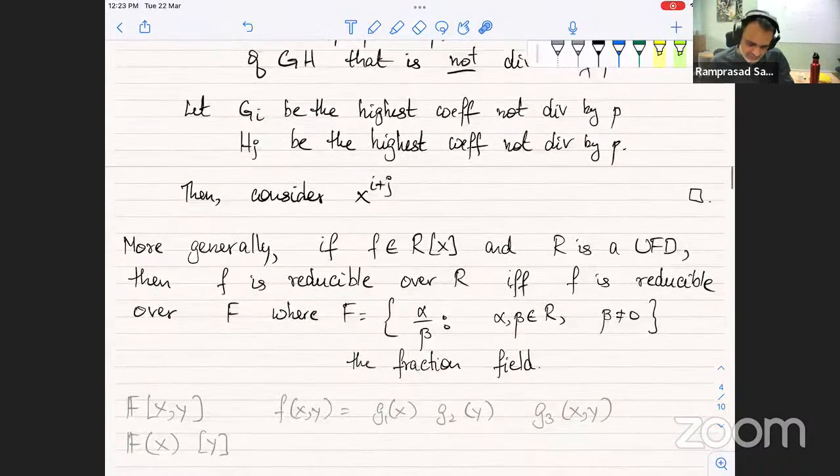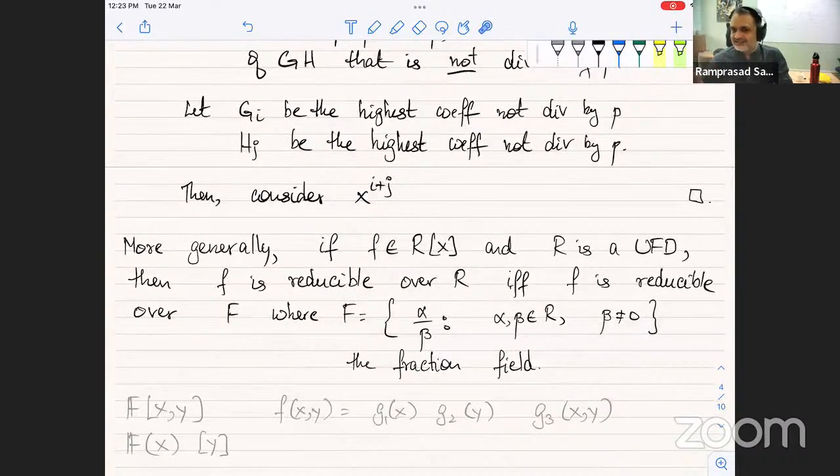Okay, so here is just a concrete example as to what might happen. Suppose you have a bivariate polynomial, which actually splits into factors of the form something that only involves x, something that only involves y, and something that involves both x and y. Now I can also think of this as an element of this ring, where I am allowed to use denominators involving x's in some sense.